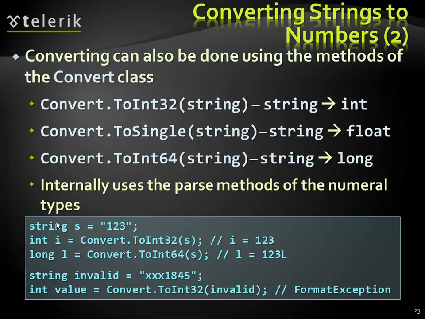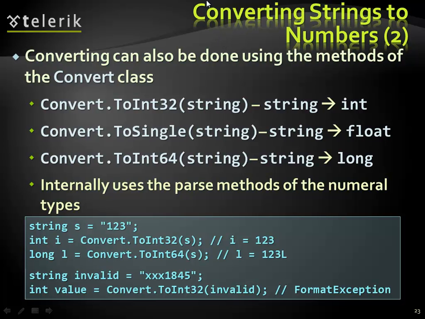Another way to convert that I've already mentioned in the previous lesson is to use the System Convert class, which has many functions that convert to many data types, and they can also accept many data types in their input arguments.